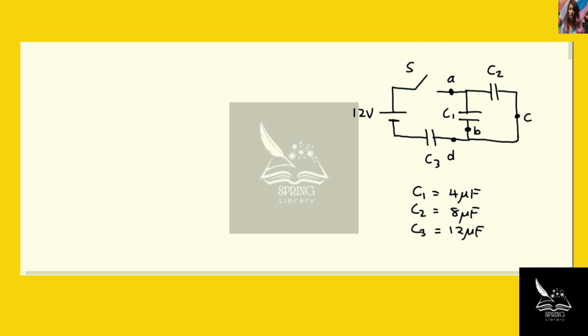Before we start doing the calculation, there are a few things we can do when the switch is closed. We can immediately tell that this is going to be a positively charged plate, positive, positive, negative, negative, negative, negative.